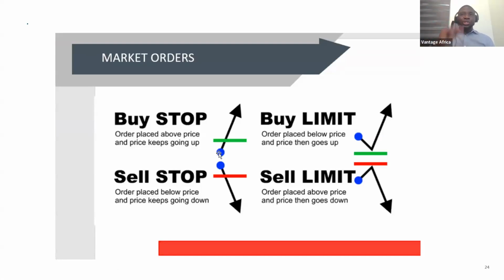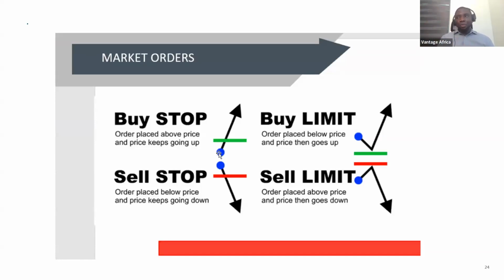You're looking to continue this trend that you already see in the market. You're expecting price to continue buying, even though you can see that it has been buying for a while. So your goal is that when price gets to this pending order level, it should continue buying. So it's continuation.